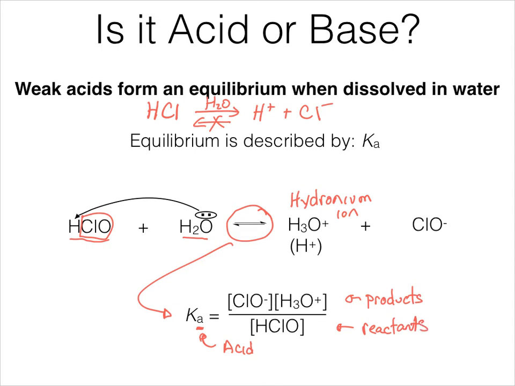And for a Ka, we have to have H3O+ involved. Otherwise, it's not an acid reaction. This H3O+ is what makes the solution acidic.